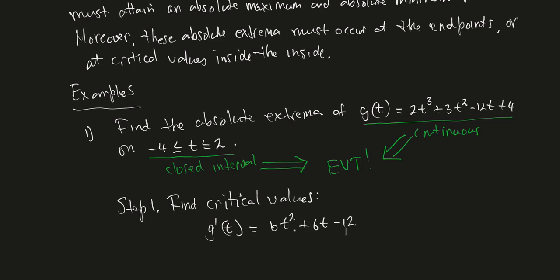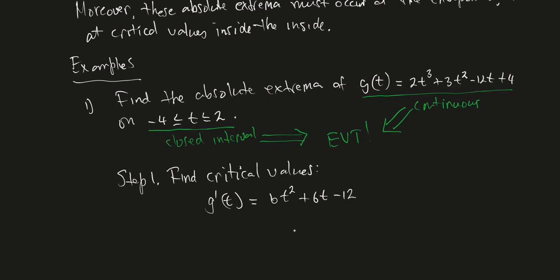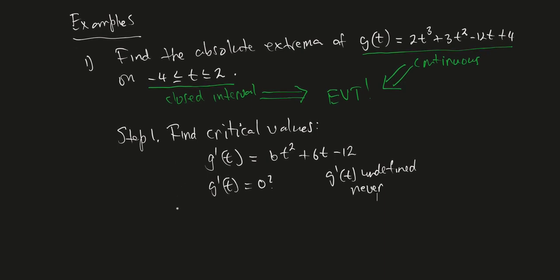So we have to ask ourselves those two questions. Where is this derivative equal to 0? And where is this derivative undefined? Well, it's a polynomial, so it's never undefined, but it could be equal to 0. Let's take 6t squared plus 6t minus 12, set it equal to 0.